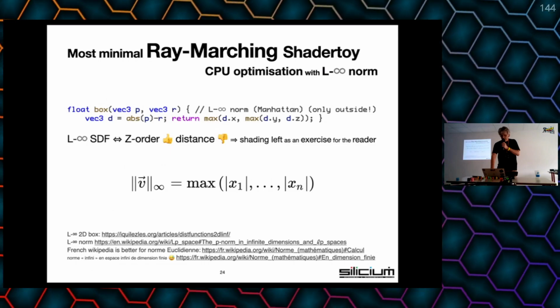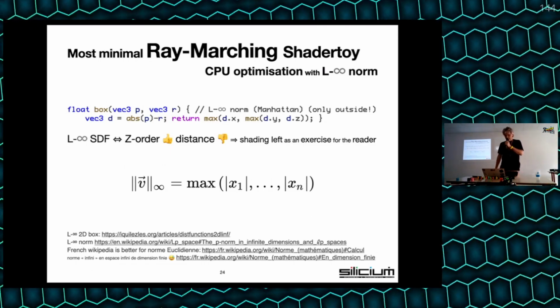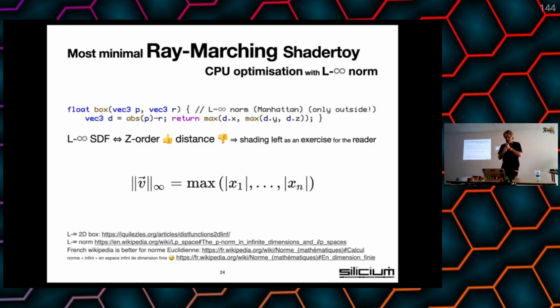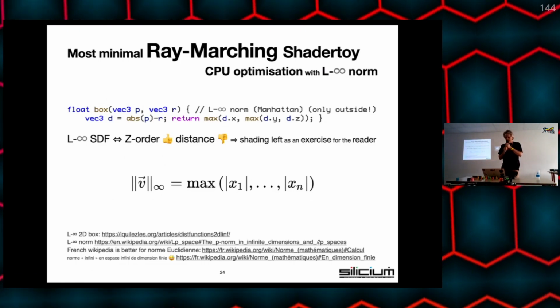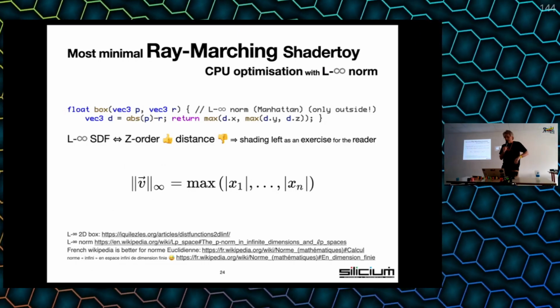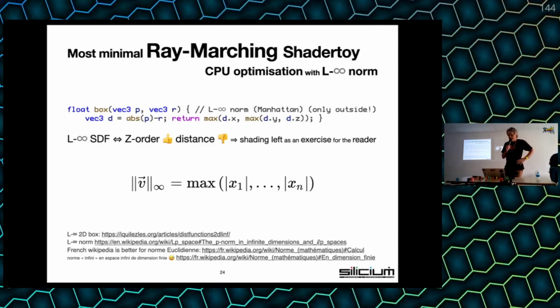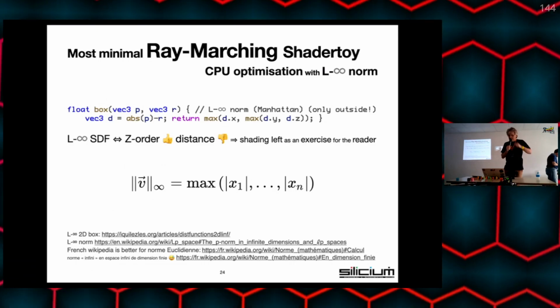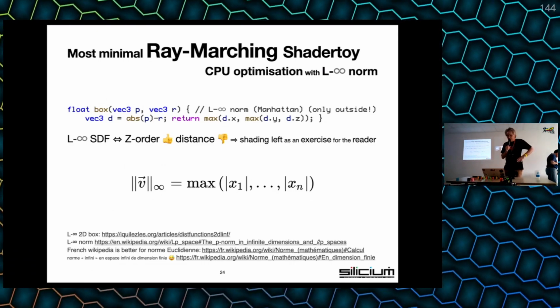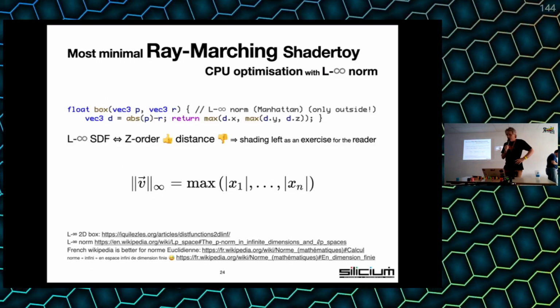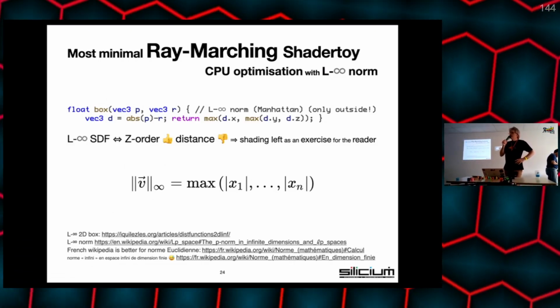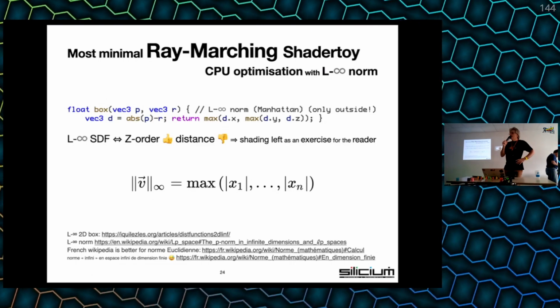There is actually a simplification, and sometimes it's convenient to work this way for sign distance functions that are hard to do for some types of objects. It's to use something that is not the Euclidean distance, but the L infinite norm, where essentially we take the largest of the distances along the x or y or z axis.